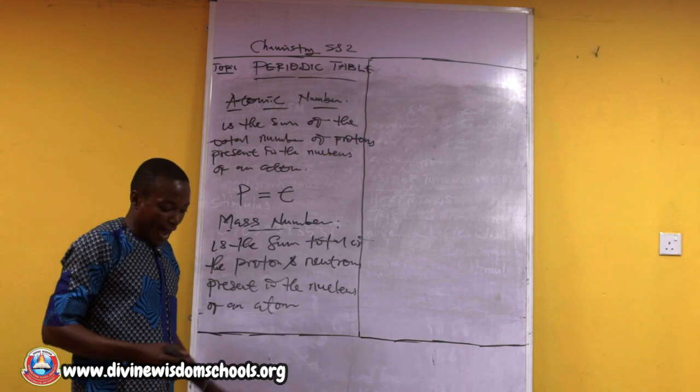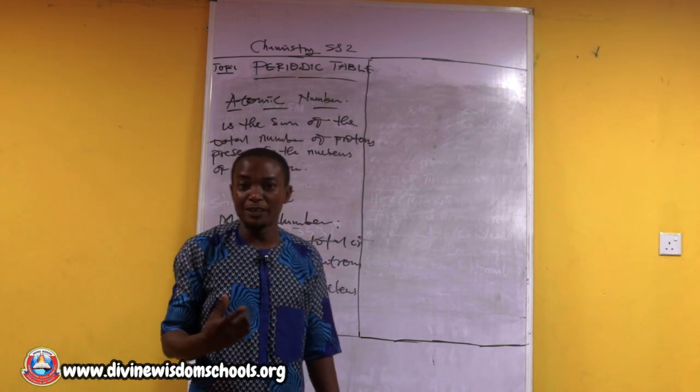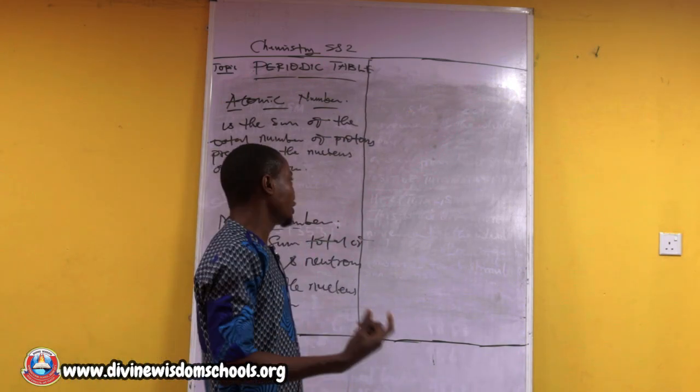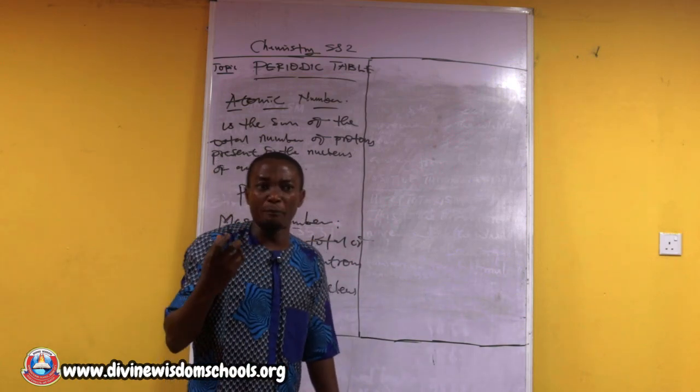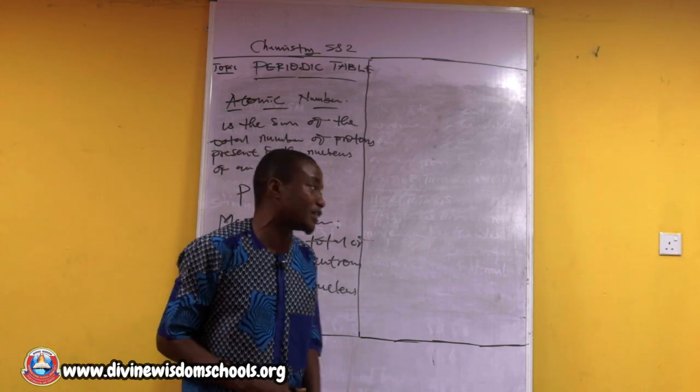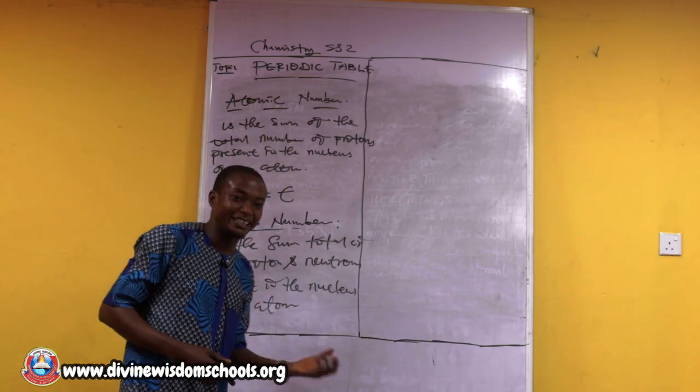Now, according to Henry Moseley, we can actually assign a symbol, or rather an alphabet, to represent the atomic number and the mass number.